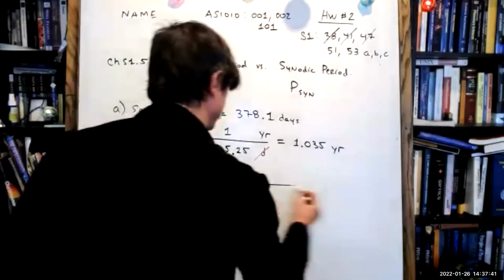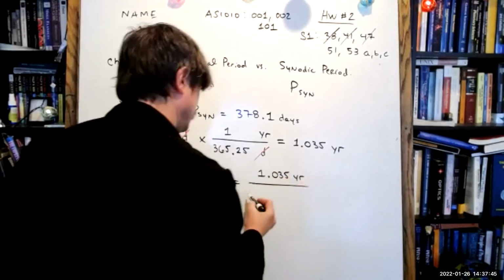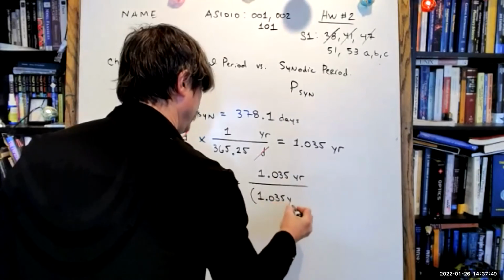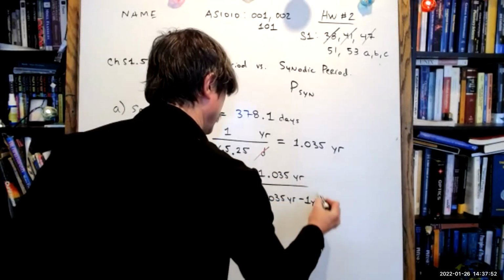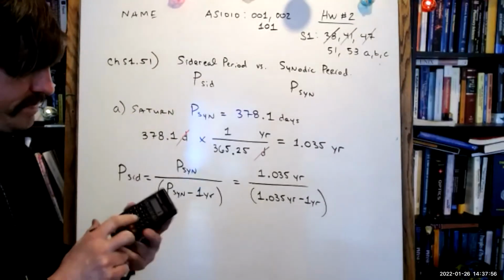In other words, it's 1.035 years divided by 1.035 years minus 1.